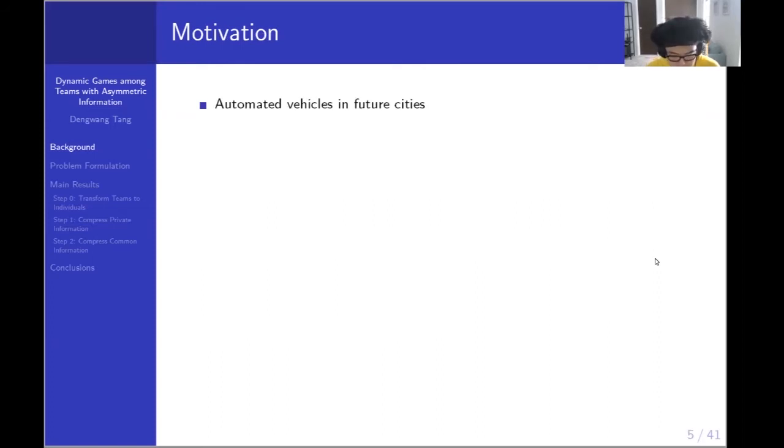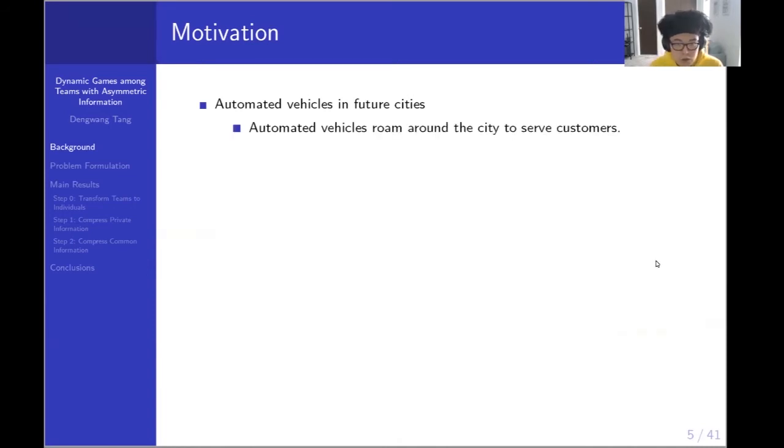So why games among teams? So here are 2 potential future applications that motivate our research. The first one is automated vehicles. In the future, we may live in cities where automated vehicles not only dominate the ride-sharing business, but also fundamentally change how we commute and travel.